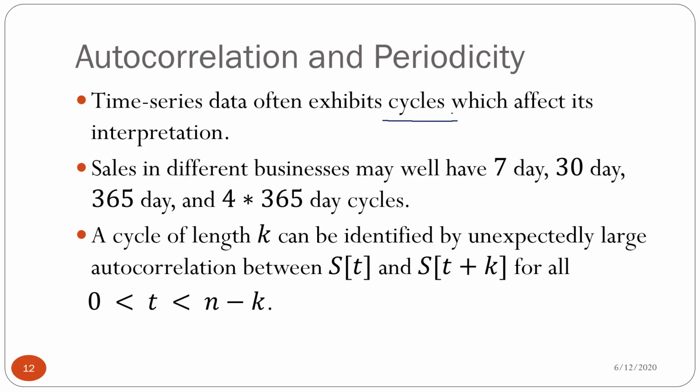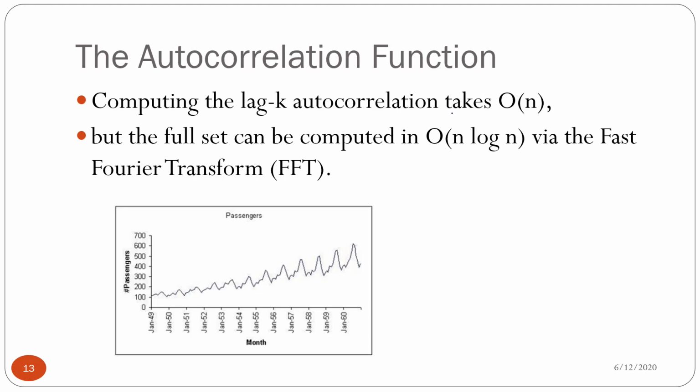Let me show you an example. Here we have the number of passengers flying, and we have the data by month. If you look at the trend, this is time series data, because we have the number of passengers varying over time. This gives you a nice curve which is a time series.